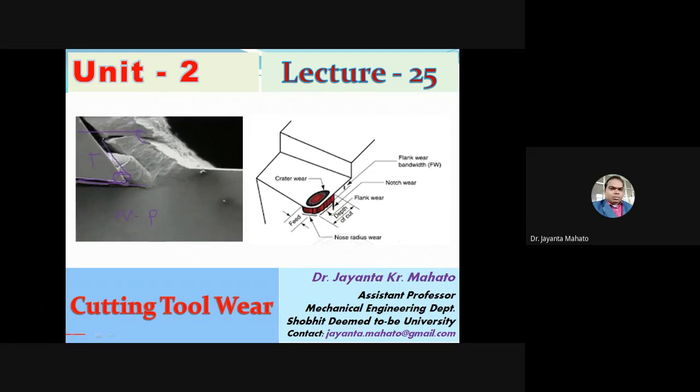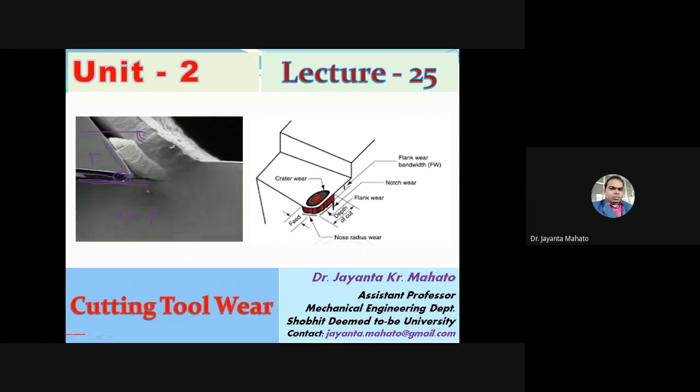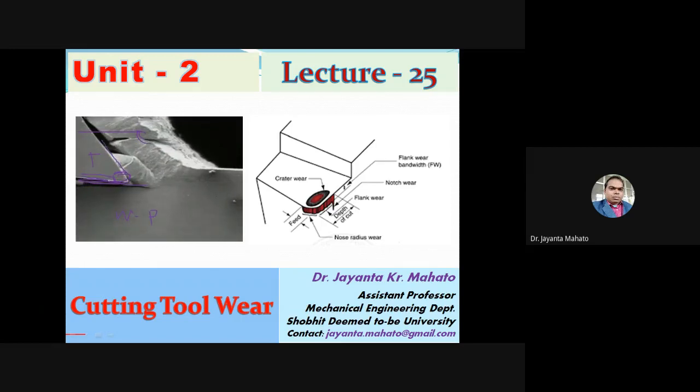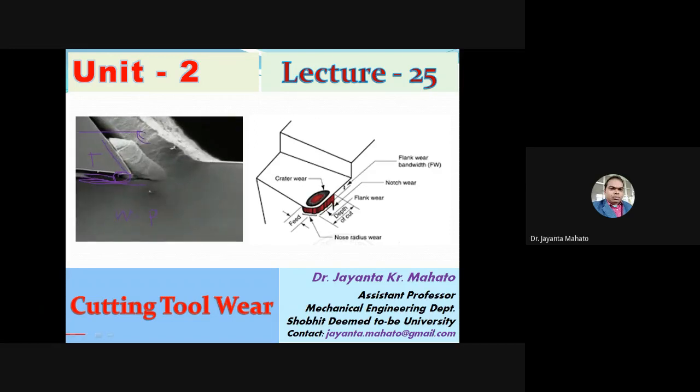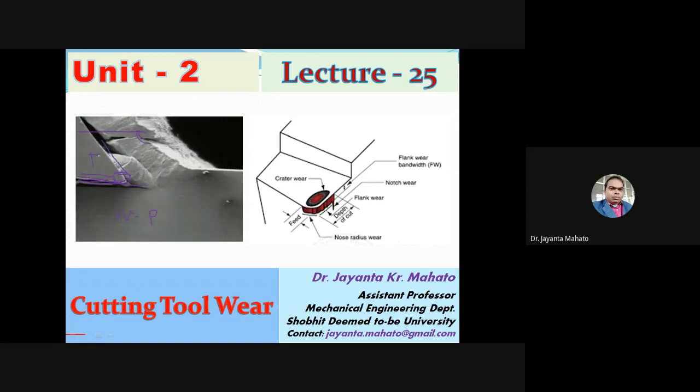Not only is there contact between chips and the surface, there is also contact between the machined surface of the workpiece, the part that has been machined, and this surface of the tool. So there is a chance of getting wear due to the friction between this machined surface and the surface of this tool.